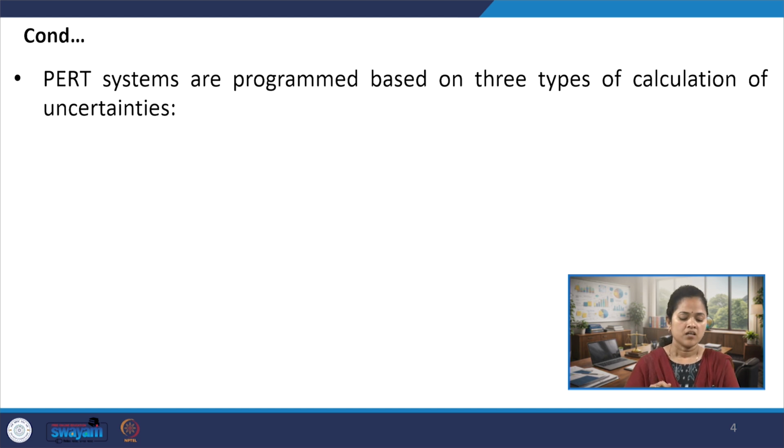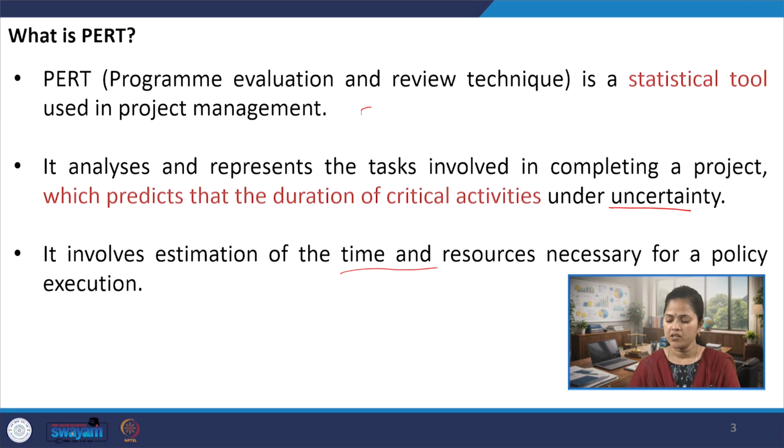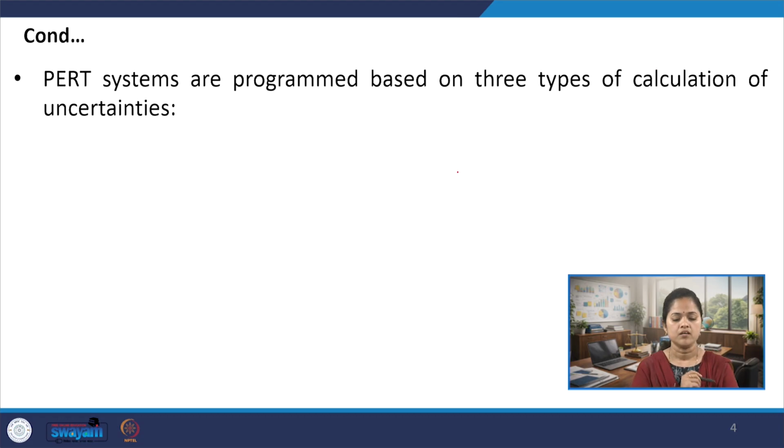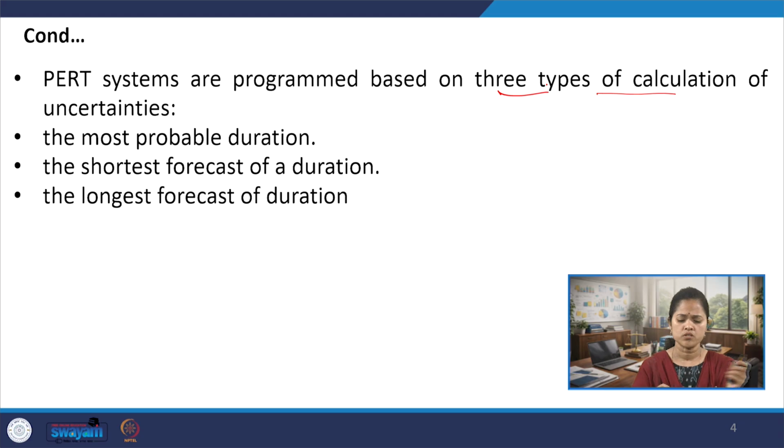Since I told you that PERT can be applicable under conditions of uncertainty, PERT systems are programmed based on three types of uncertainty calculations. Which are those three types? The first is the most probable duration.